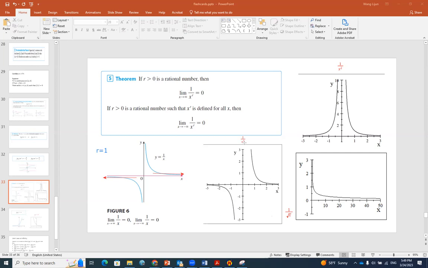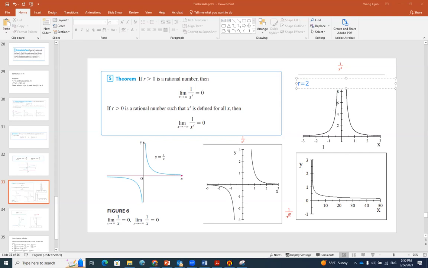And on this piece, I have 1 over x squared. So we'll come back to this one. 1 over x squared is a situation where r is 2. 2 certainly is a rational number.